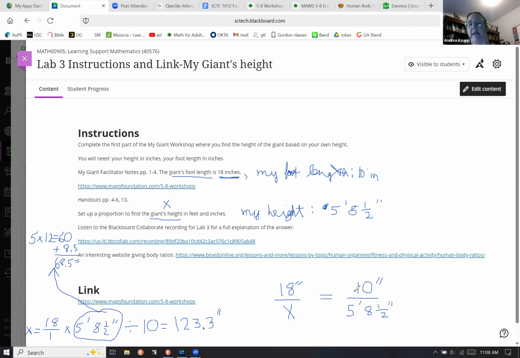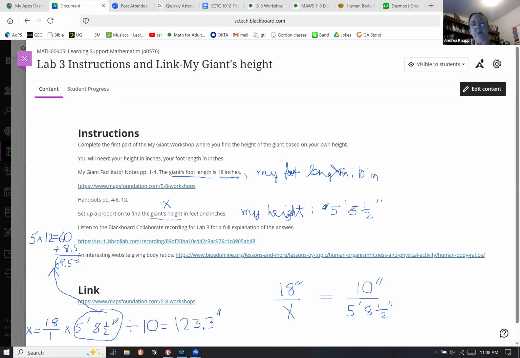So foot length to height equals foot length to height. So make sure that you stay consistent when you set up your proportion. And then to solve it, we took 18 times 5 foot 8.5 inches divided by 10 inches. So you can see that right here. X equals 18 times 5 foot 8.5 inches divided by 10 inches.